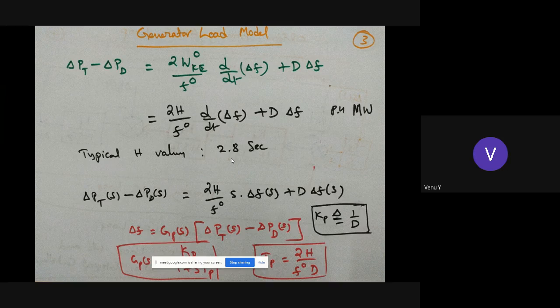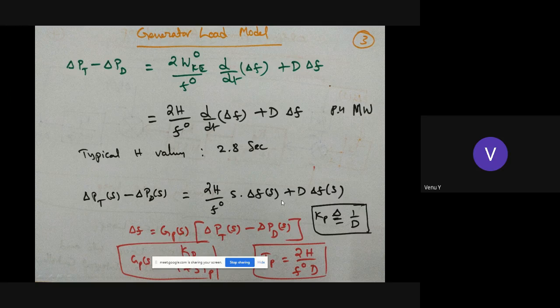Therefore, H, the inertia constant, can be expressed in seconds, approximately 2.8 seconds. And delta PT minus delta PD of s in the Laplace domain is equal to 2H by f naught into s, where d by dt becomes s, into delta F of s, plus D into delta F of s.